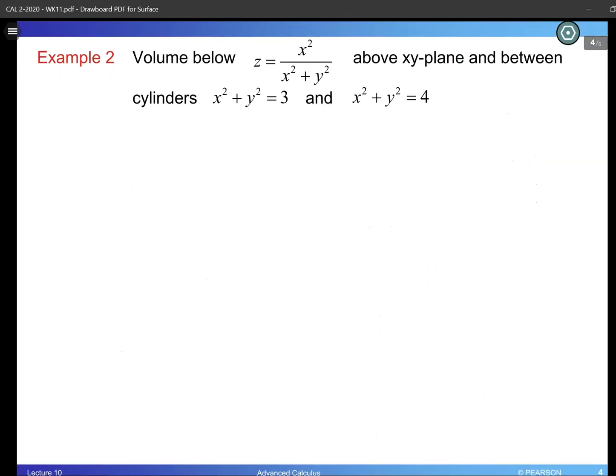Once again, we are going to work on something with x and y. So you see x and xy right here, you know right away this is Cartesian, and this is about volume. Volume of this z equal to x squared over x squared plus y squared.